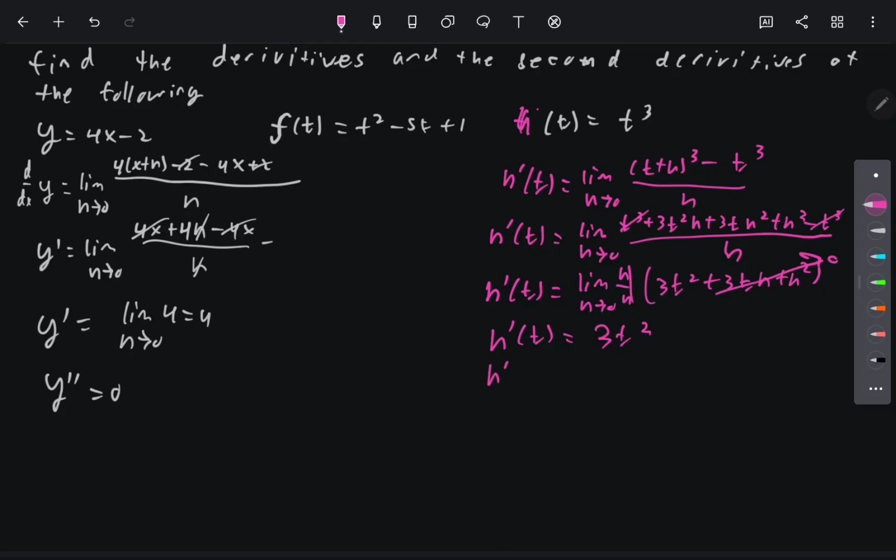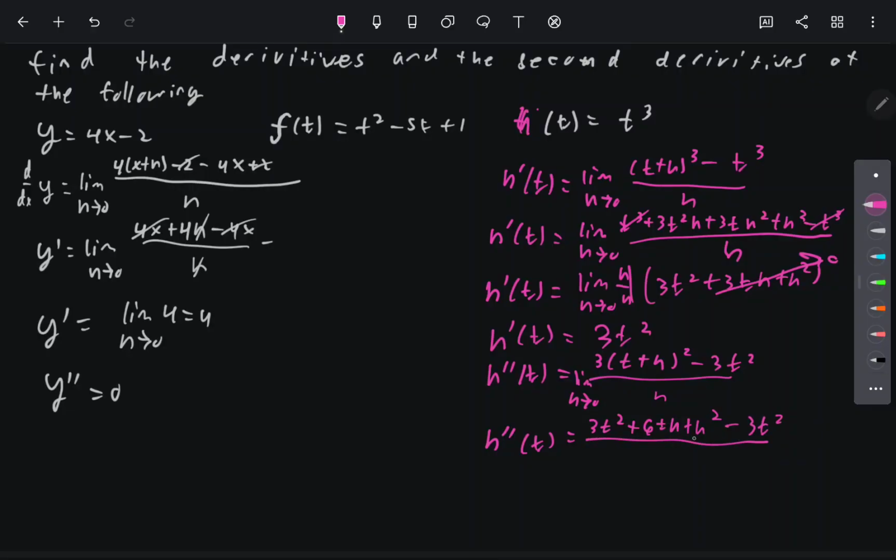So now we're going to have h double prime of t is equal to the limit as h approaches 0 of 3(t plus h) squared minus 3t squared all over h. Okay, so h double prime of t in this case is going to be 3t squared plus 6th plus h squared minus 3t squared all over h.